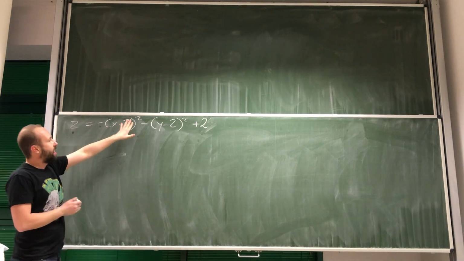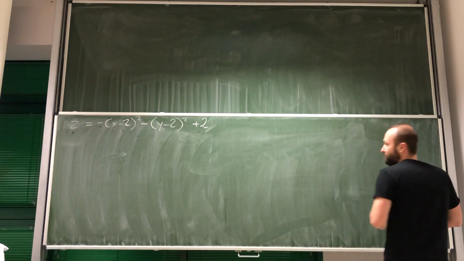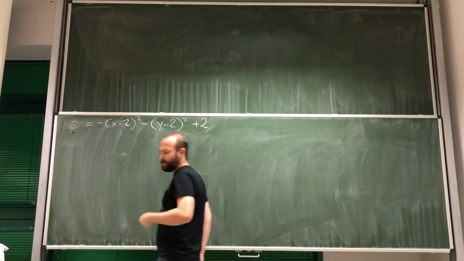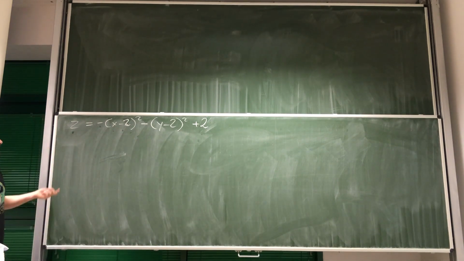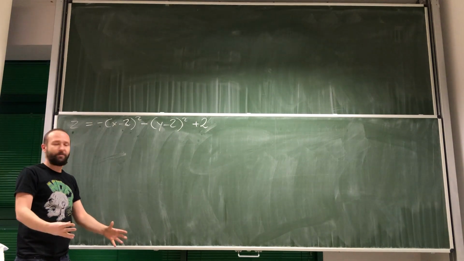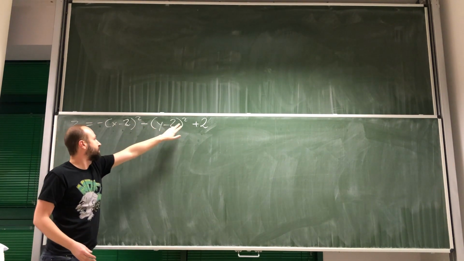Why? Look, as you've seen in our video about drawing three-dimensional functions using GeoGebra, this is the case of the upside-down parabola, because we've got minus on x squared and minus on y squared.